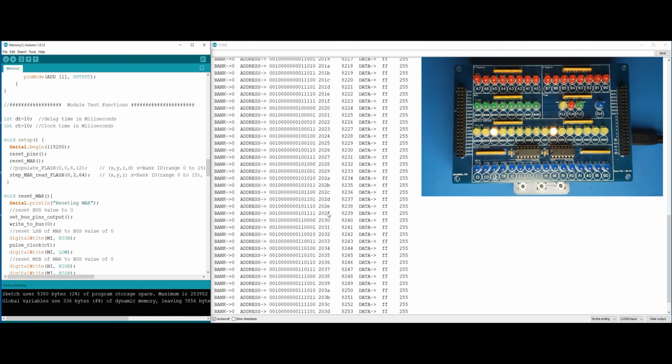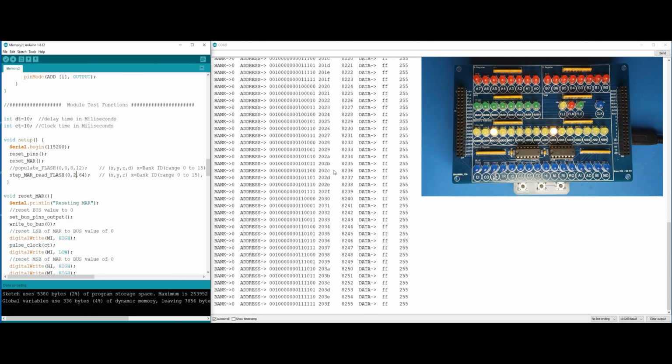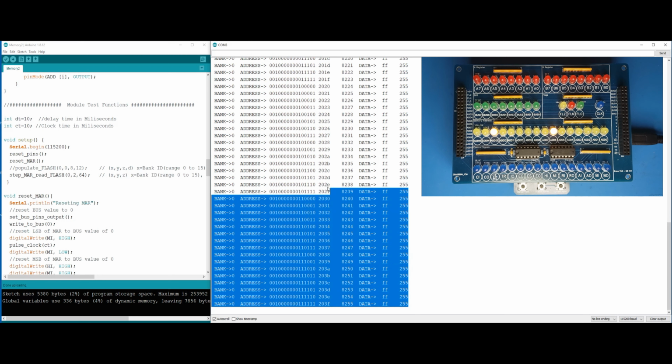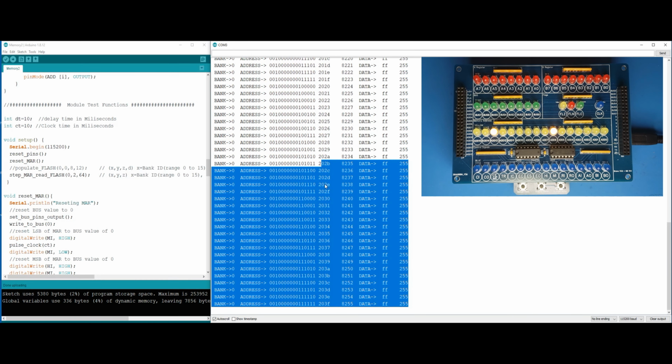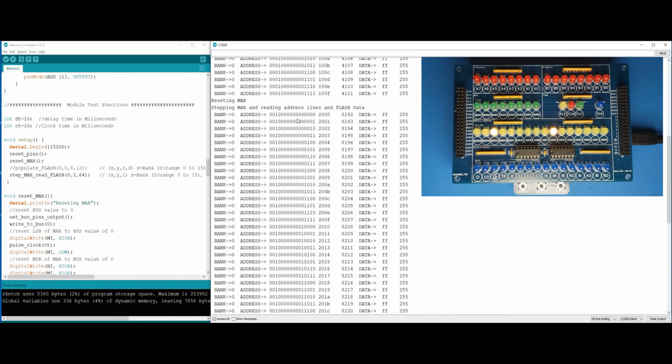Now this time we are pointing to address 8192, which means that we are pointing to sector number 2 in our first bank. And again, we are counting 64 steps, meaning that we are reading 64 memory cells, or 64 bytes, from our flash. I hope that this part is clear.